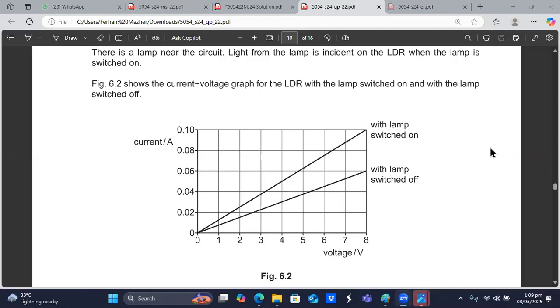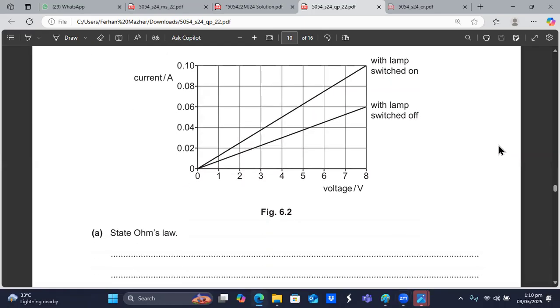The gradient of this graph will be equal to I by V, so that is equal to the reciprocal of the resistance of the LDR. So the graph which has a larger or higher gradient will have less resistance, and the graph which has less gradient will have more resistance. So this is the basic idea. Let's see what question they are asking us on this graph.